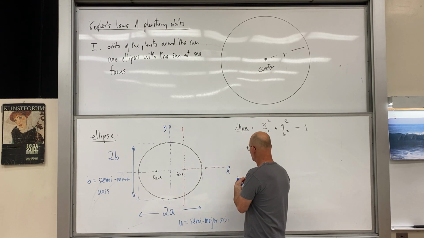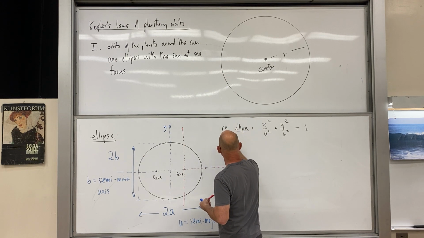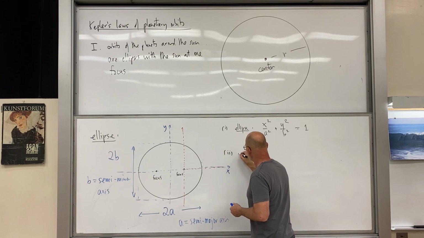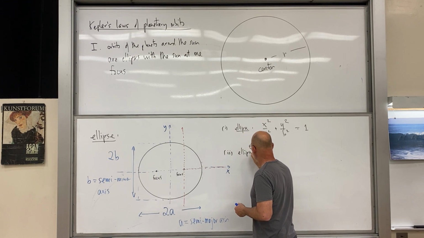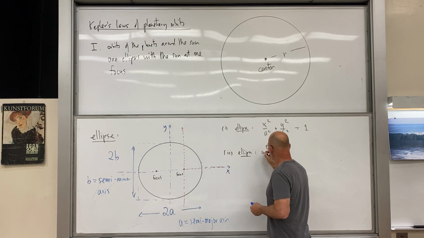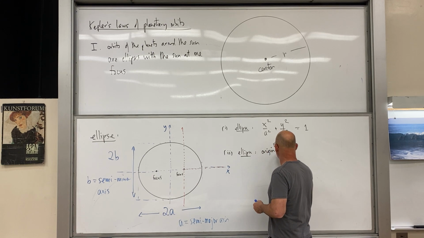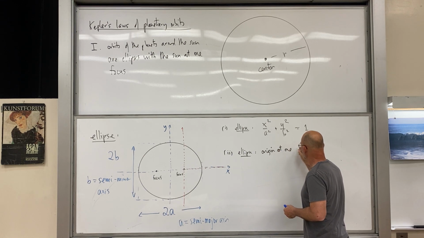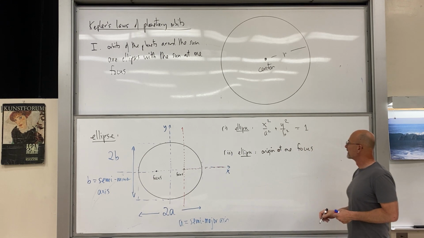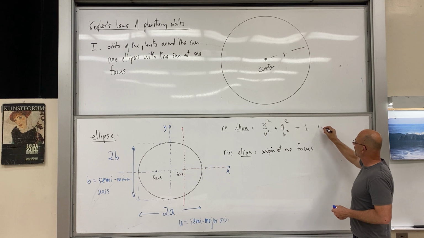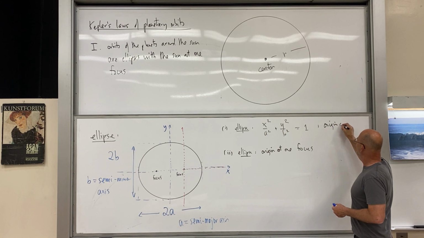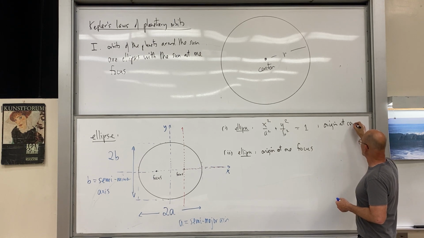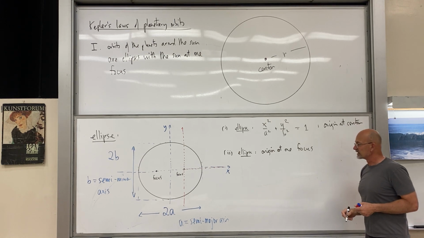So this is the one kind of ellipse, with the origin at the center, at the geometrical center of the figure. The second kind of ellipse, also an ellipse, has the origin at one focus.